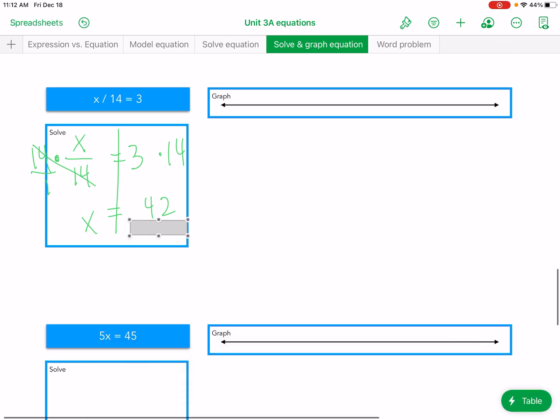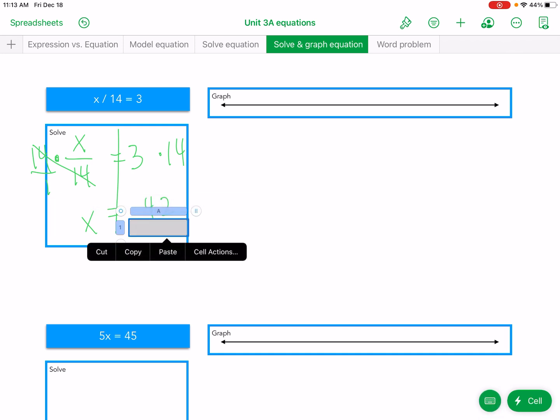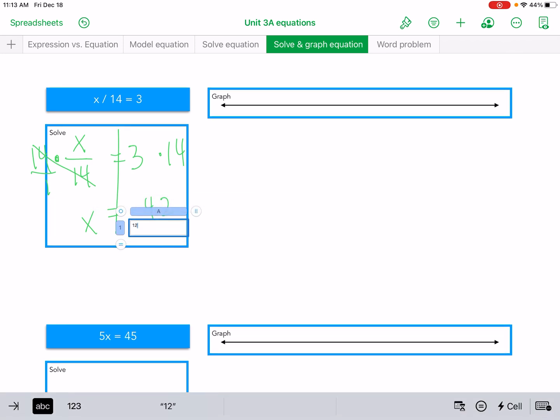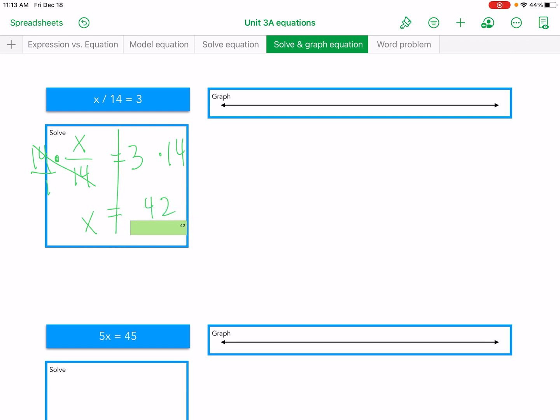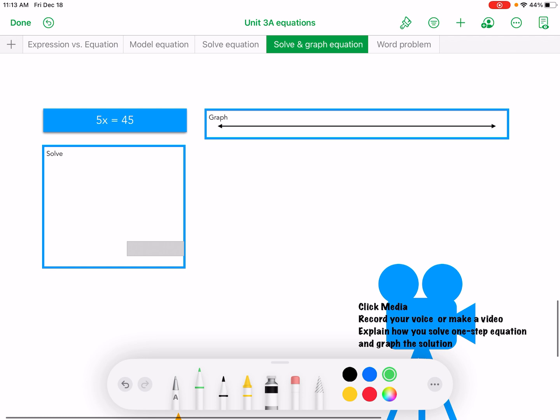Do you note how I'm clicking on the cell, I'm unlocking it, and then I'm typing in my answer, which is not 12, it should be 42. Very good. Do you like how I was telling myself very good? Positive number, 42, and I'm plotting it on the number line. There's only one solution to equations.